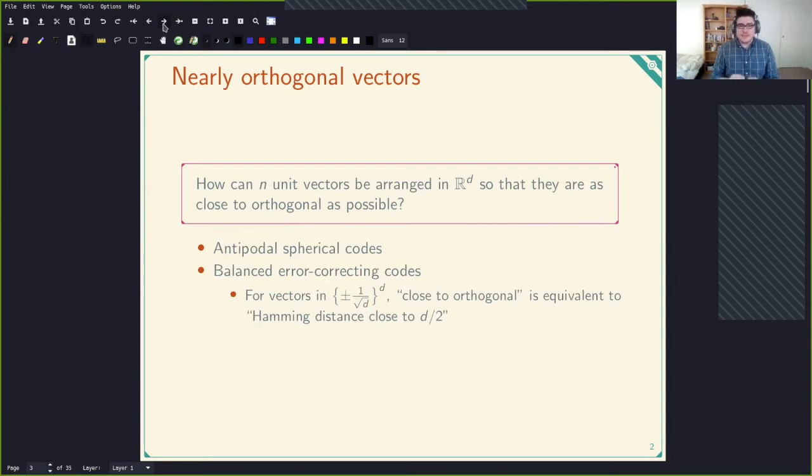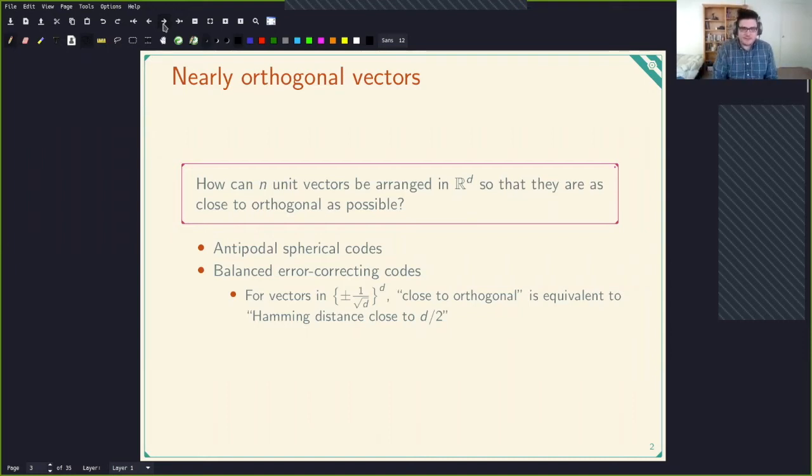Spherical codes just means arranging points on the sphere so that they're as far apart as possible. And by forcing the code to be antipodal, that is, saying that I have x and minus x always in my code, that's actually forcing the vectors to be as close to orthogonal as possible, if I think about x and minus x as the same point, in other words, in projective space.